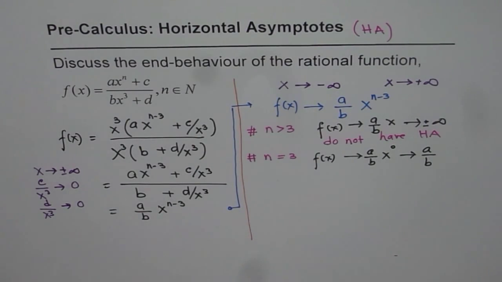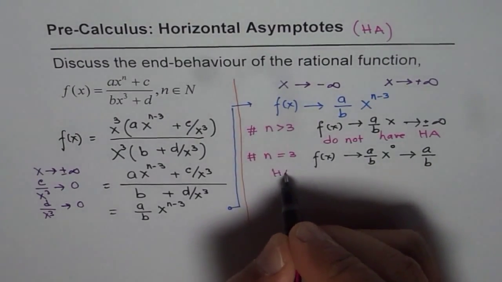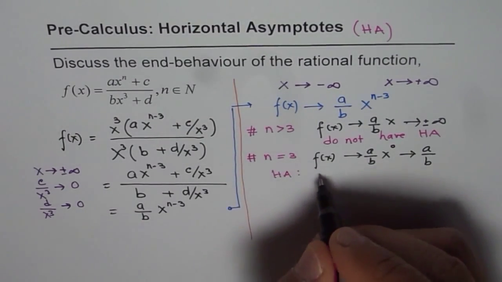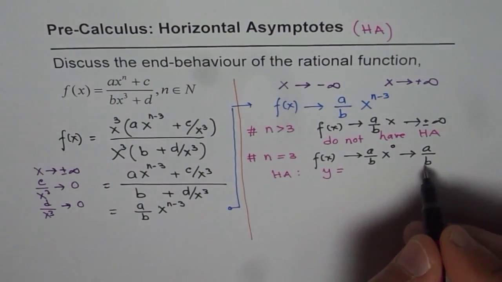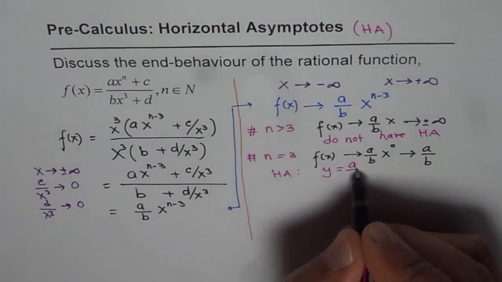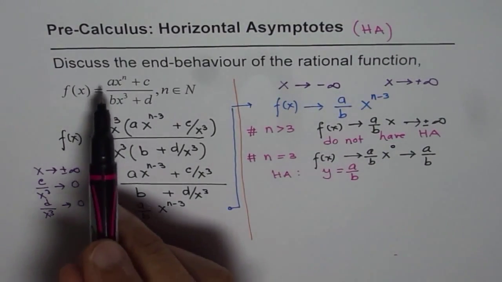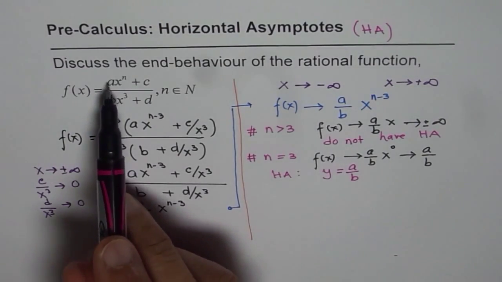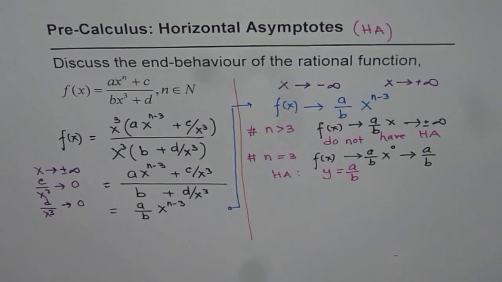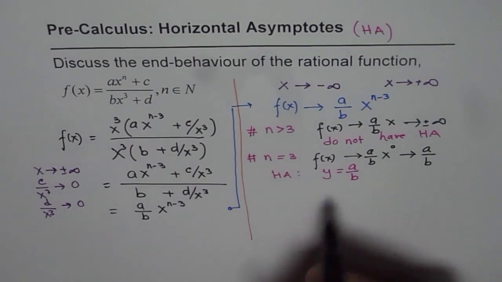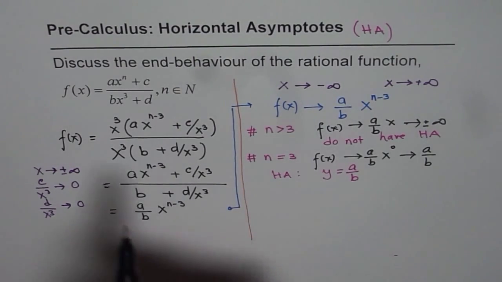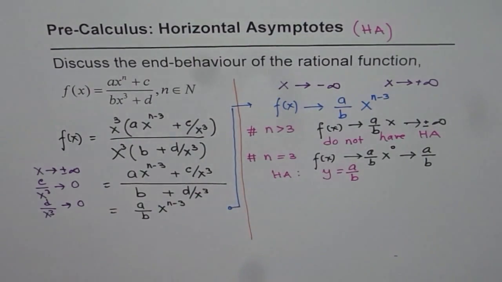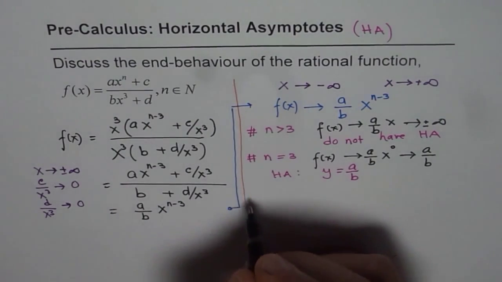In this case we do have a horizontal asymptote, and the equation is y equals the value it approaches, which is a over b. So a over b are the leading coefficients of numerator and denominator. So we get that as a horizontal asymptote if the degree of numerator and denominator is the same, to generalize.